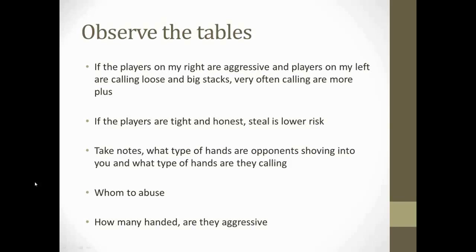Because at the final table, when the ICM effect kicks in, the sensitivity goes up by a lot. The sensitivity of the EV, dollar EV, is way more sensitive than chip EV. So, for example, if the guy is calling 20%, and by shoving every single time we are making say $1.